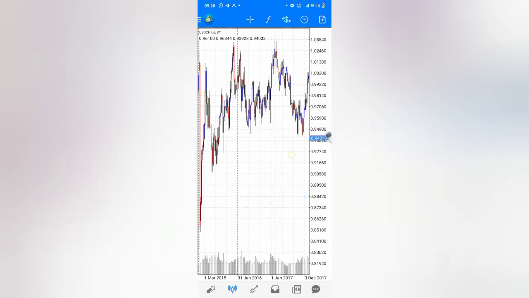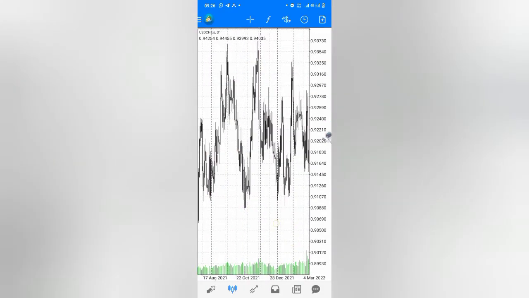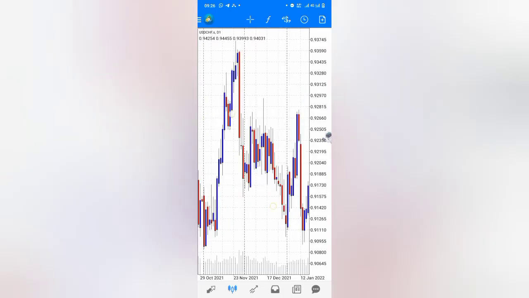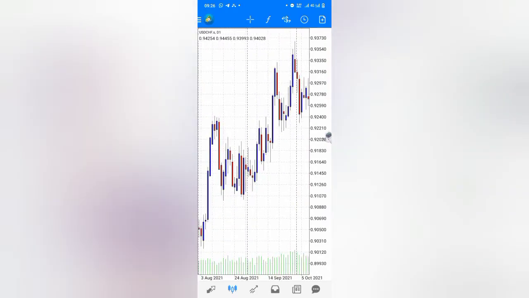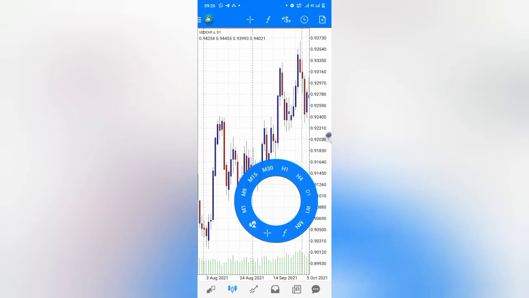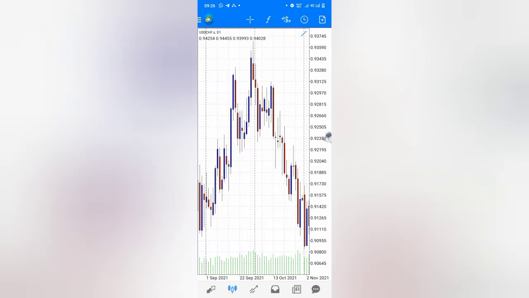So let's take a look at this on one day. I'm going to use this one as an example. So my trend line, if you check here, you see the price of the market goes to this level.